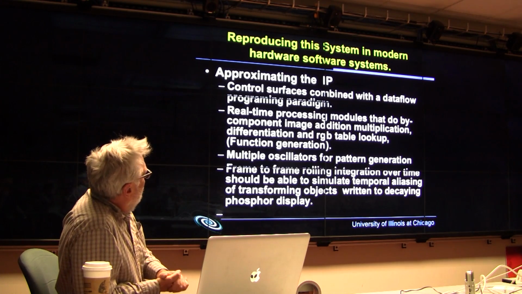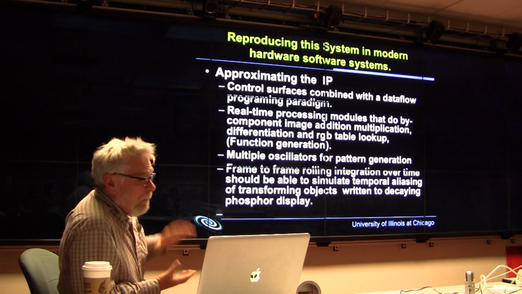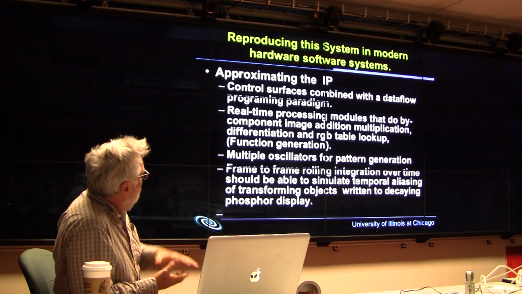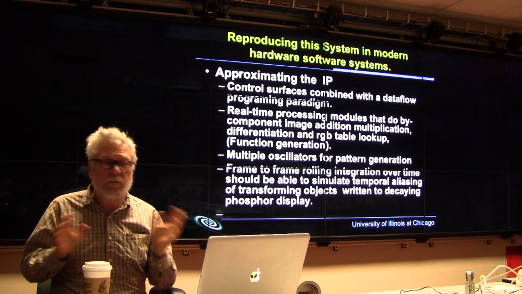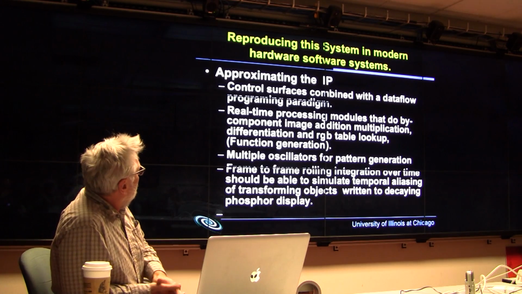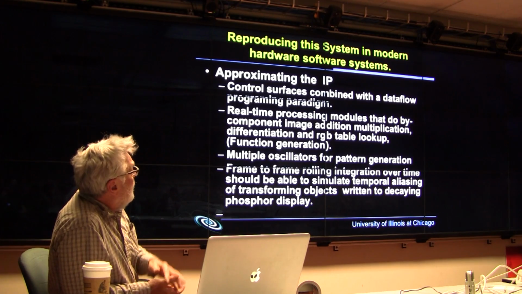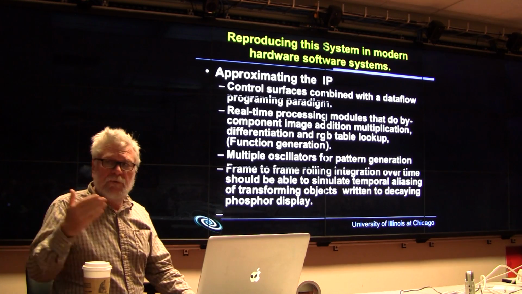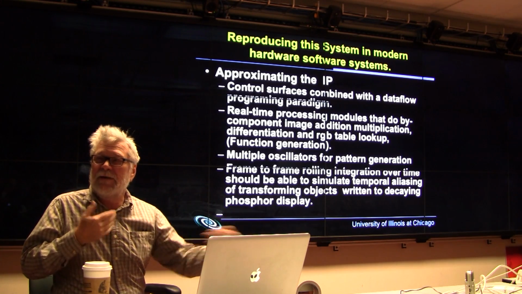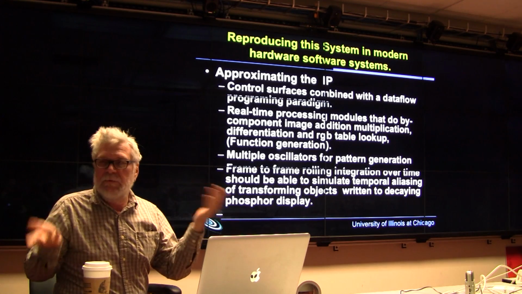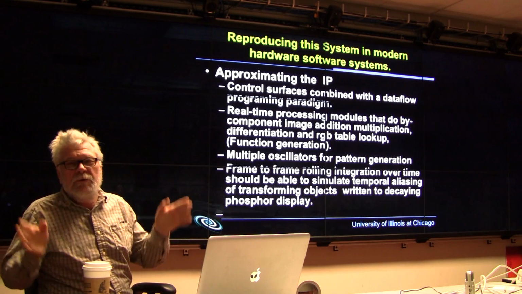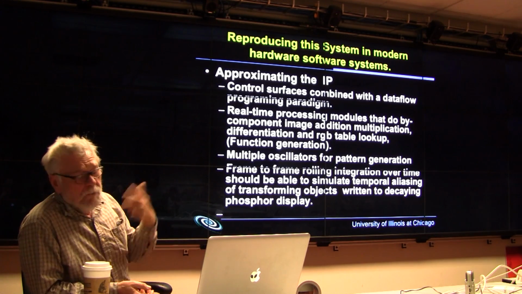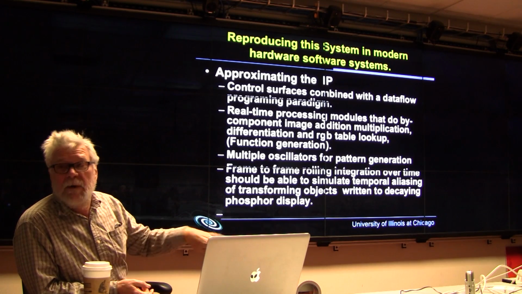But probably the most critical thing in a way is not part of the IP, but would be something that simulates the interface between the Vector General and the IP, and that would be something that does frame-to-frame rolling integration over time. So if it takes successive frames and decays off the history, the accumulation buffer would be the OpenGL device that you would use to do this, with the older frames falling off by an exponential.